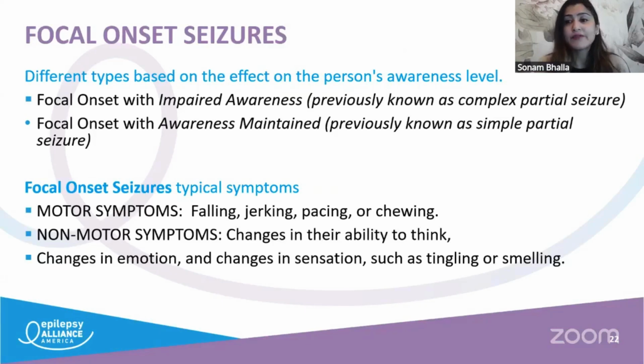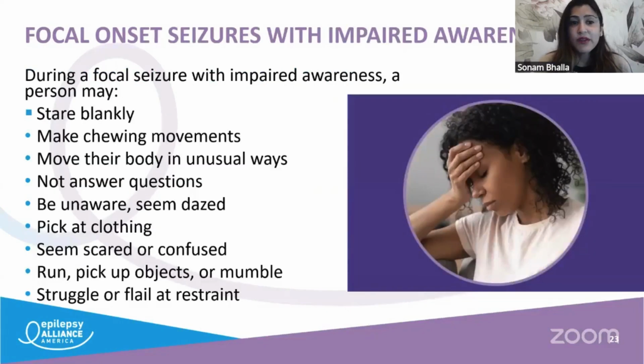You can also have focal seizures where awareness is intact, where you are aware of your surroundings. You just feel like an abnormal sensation coming on. And so that can be part of a seizure as well. Again, it really depends which part is involved, but mostly the symptoms can be variable.